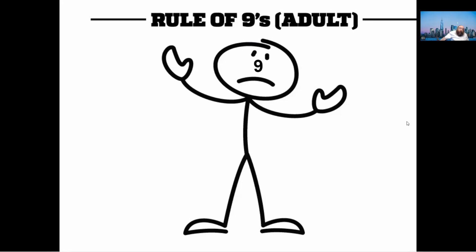So the entire head, front, back, sides, the entire head is worth 9%. All these are percentages and they go in nines. Each arm is worth 9% of the body. Right?